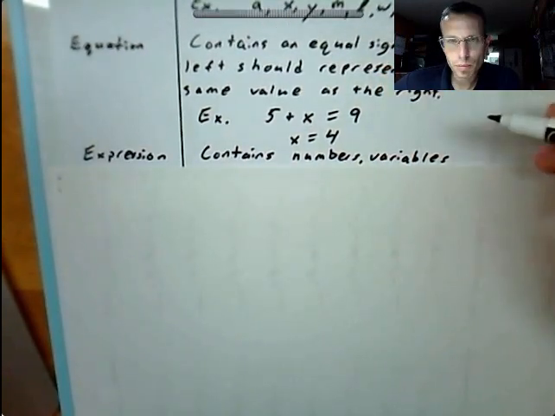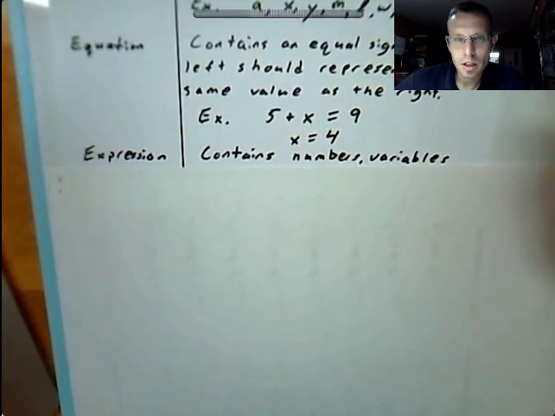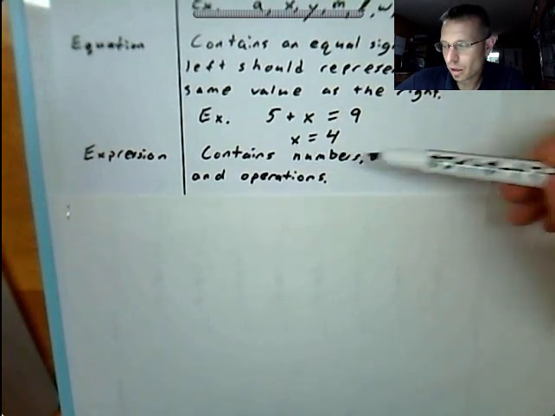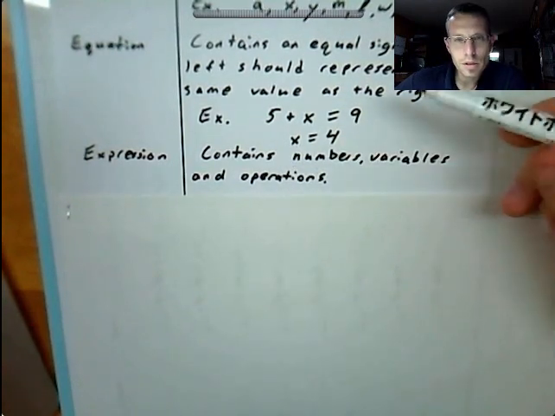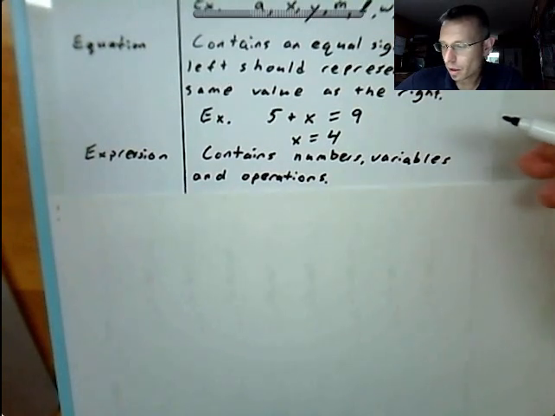And sometimes you'll see an expression. A lot of students get these two things mixed up, equations and expressions. But often expressions, they do contain numbers, variables, and operations, but they're not always set as an equation.